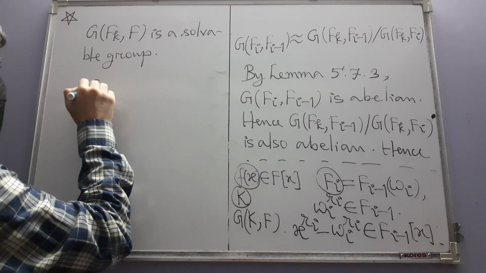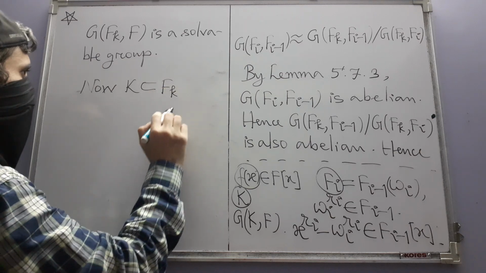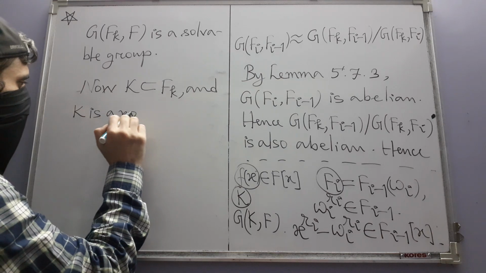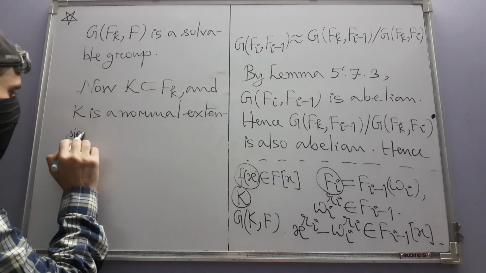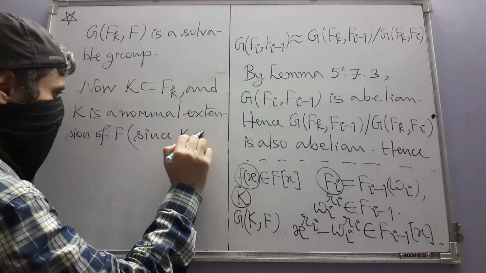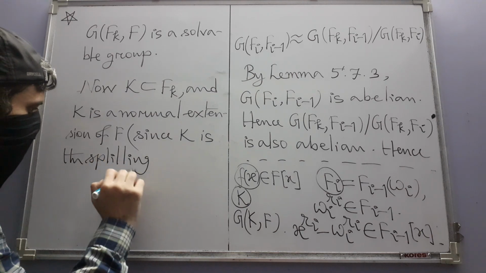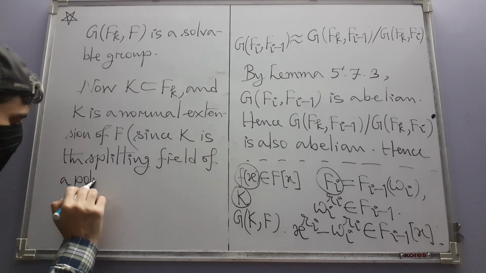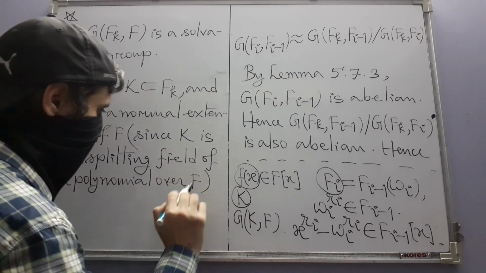Now, K is a subfield of F_K, and K is a normal extension of F, since K is by definition the splitting field of a polynomial over F, and that polynomial is p(x).